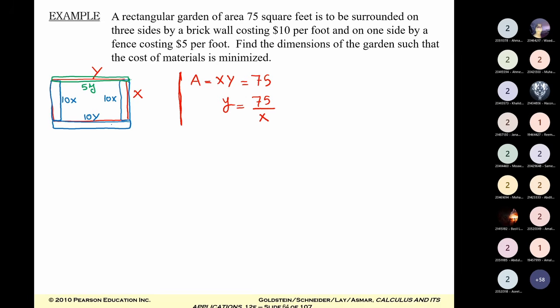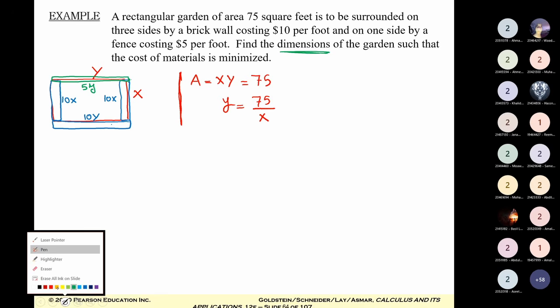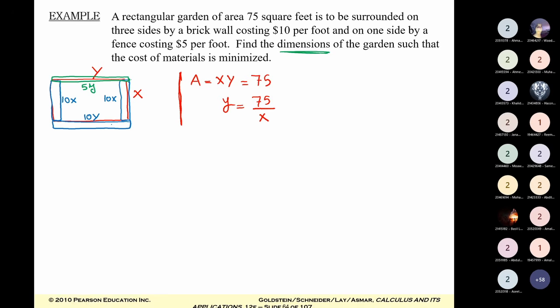Now find the dimensions. So we need the dimensions, the values of x and y, of the garden such that the cost of material is minimum. So we need a minimum. Minimum for what? For the cost. So the function is C, the cost.